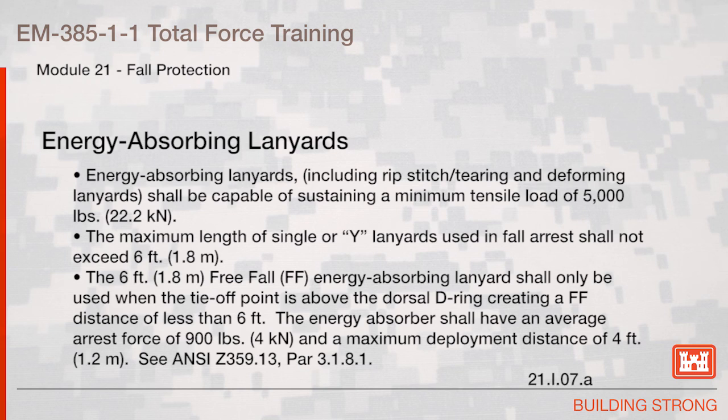Energy absorbing lanyards. Energy absorbing lanyards, including ripstitch, tearing, and deforming lanyards, shall be capable of sustaining a minimum tensile load of 5,000 pounds. The maximum length of a single or Y lanyard used in fall arrest shall not exceed 6 feet.